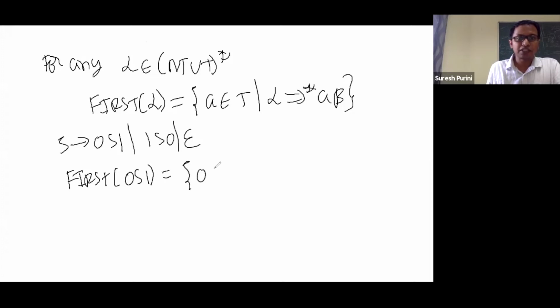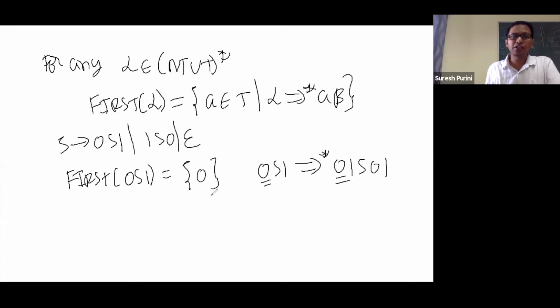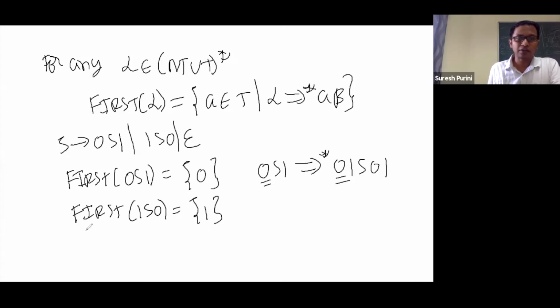First of 0 S 1 is 0, because once we start with 0 S 1, no matter what we do after that, the initial 0 is going to remain the same. For example, we may apply the substitution rule S goes to 1 S 0 and come to a form such as 0 1 S 0 1. But this leading 0 is not going to change. So first of 0 S 1 is 0. Similarly, first of 1 S 0 is 1. First of epsilon is epsilon.